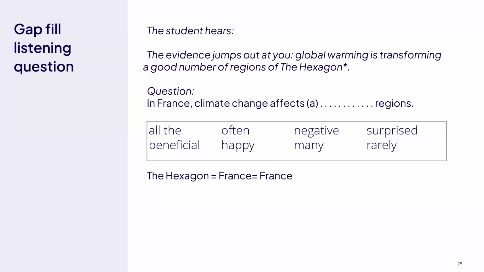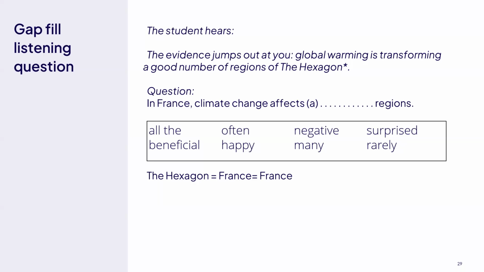We also see gap fill questions, for example, in listening. So the student hears, "the evidence jumps out at you. Global warming is transforming a good number of regions of the hexagon," and the hexagon is France. Okay, so in France, climate change affects a something region.